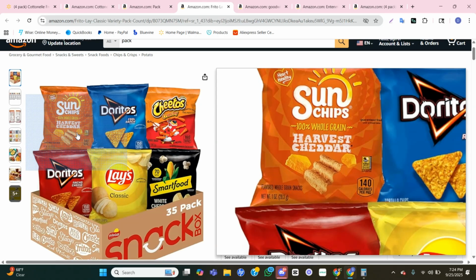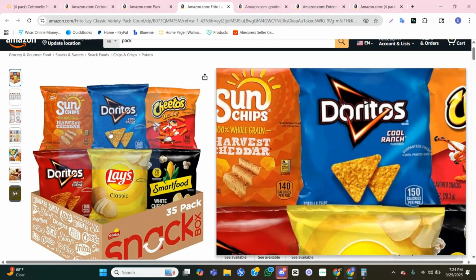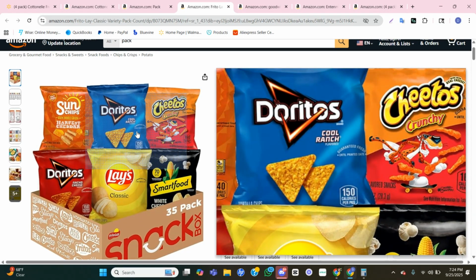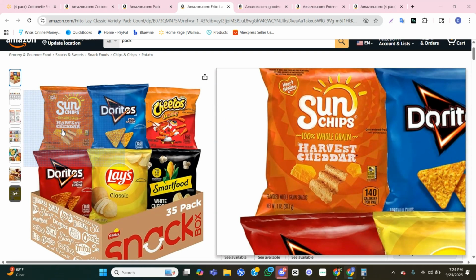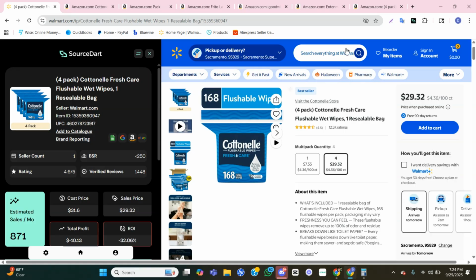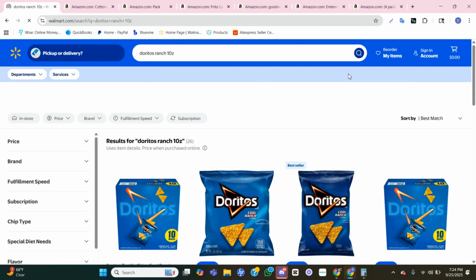This is 1 ounce. Doritos Cool Ranch, 1 ounce, let's see.